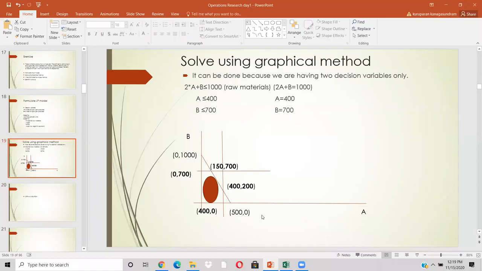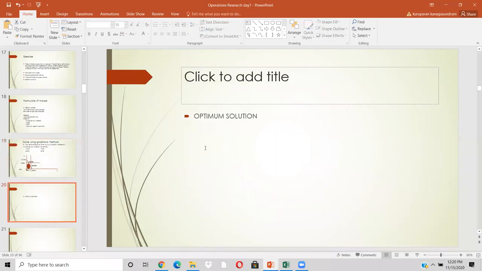Along with these, there will be an additional 0, 0 also. Zero, 0. So considering these, we will get the optimum solution.